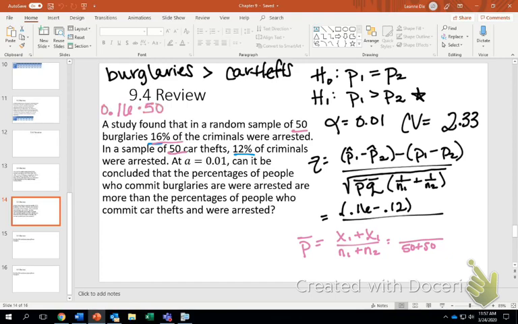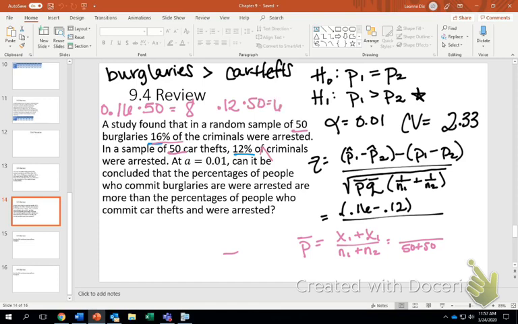Okay, and if you do that, you should get an answer of 8. Okay, so that's the first one. We can do the same thing with the next piece, the 12% of 50 car thieves. So that'll be 0.12 times 50, and that is going to equal 6.